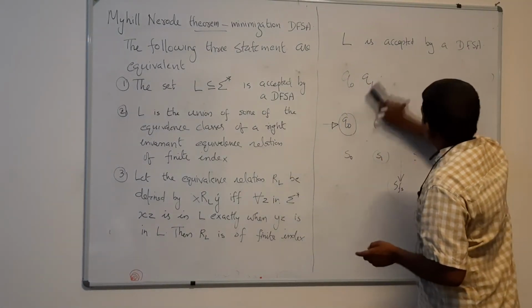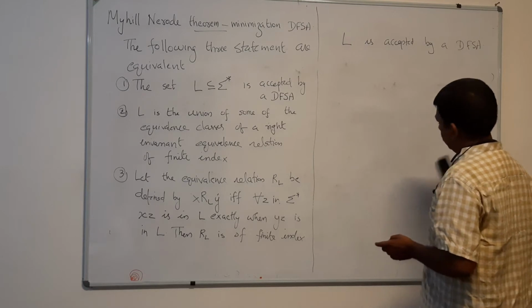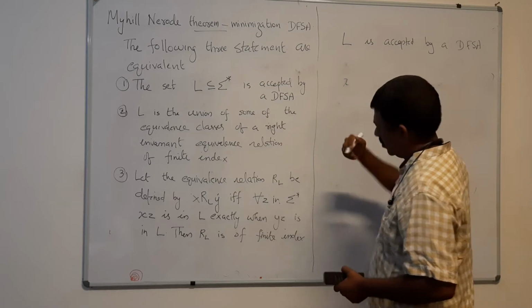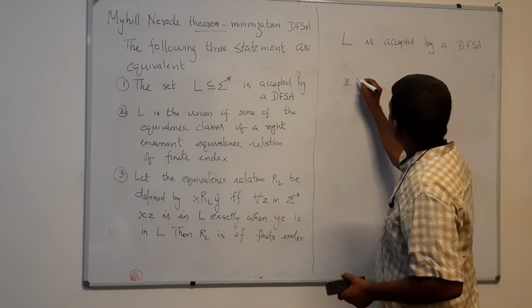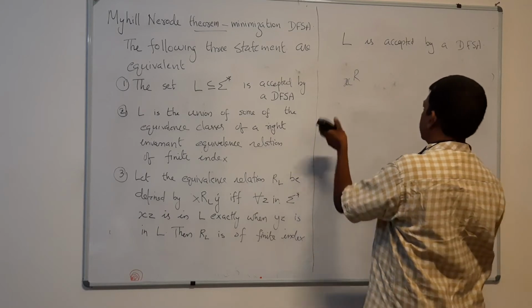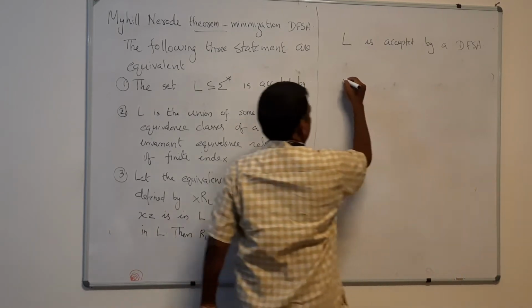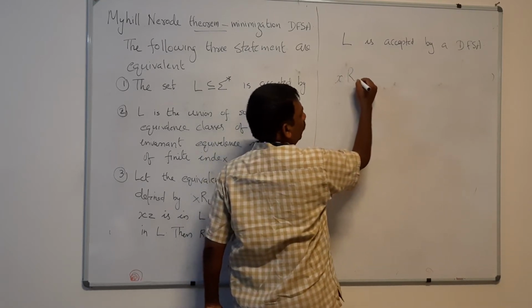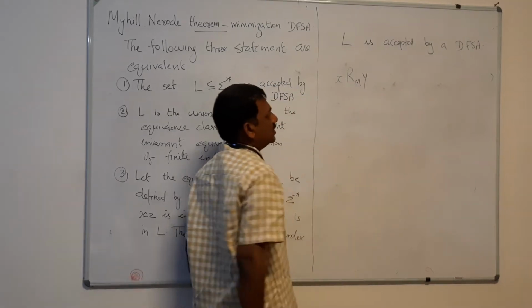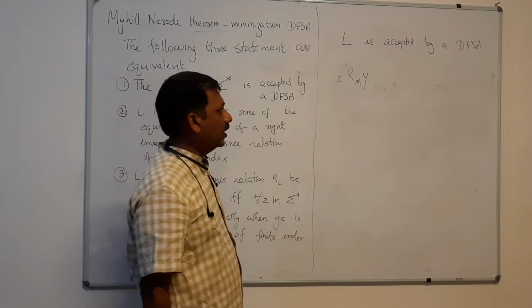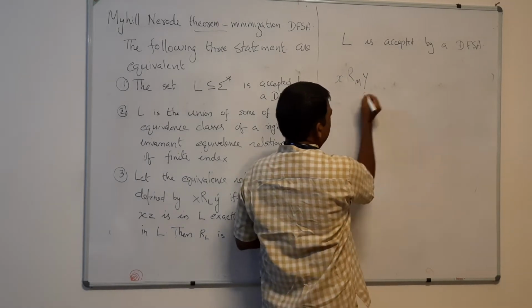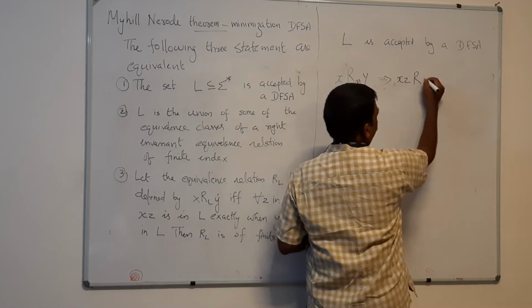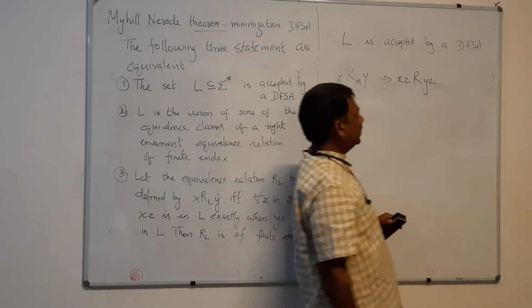Right invariant means, suppose you have a relation where x is related to y, and this implies that xz is related to yz.